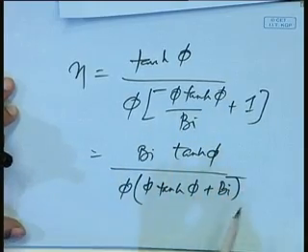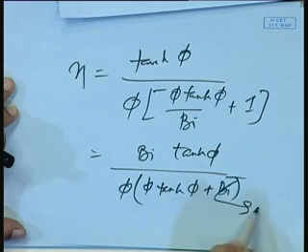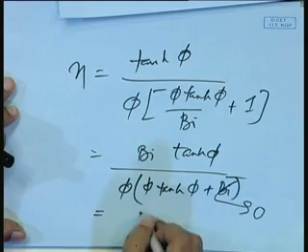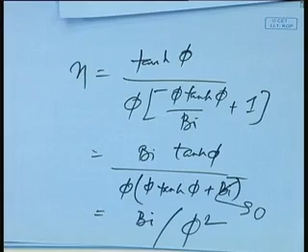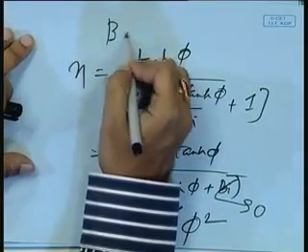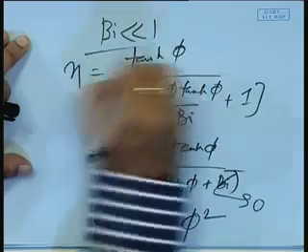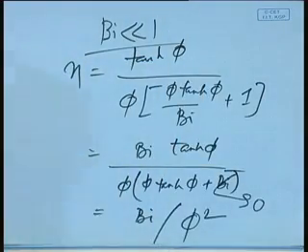So in the limit of Biot number going to very small, this is a term you neglect, and you end up with Biot number over phi squared. So this is the third limit, Biot number much smaller than 1. So we did first Biot number much greater than 1, then finite, and this is the third limit.